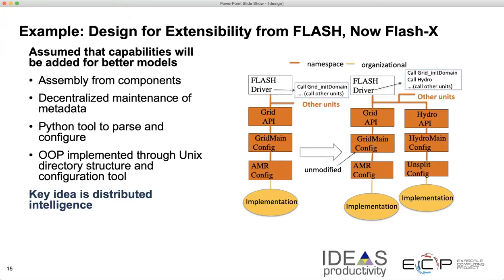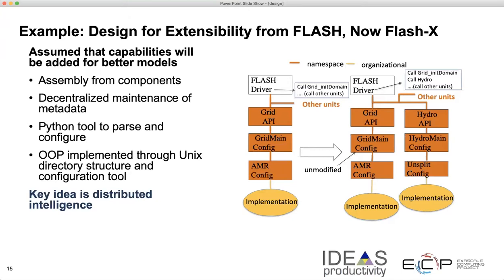It decentralized the maintenance of metadata, so that each bit of code, for example, this API and this API, both have their own metadata that contains information such as which other units it needs to work with, which units it won't work with, which state variables it needs, et cetera. And then there is a tool that parses and configures the application. So the key idea here is distributed intelligence. Keep this in mind, because when we go into more complicated heterogeneous code, this comes into play again.